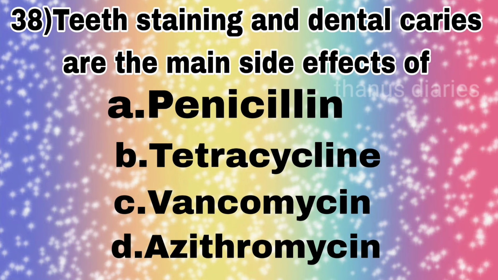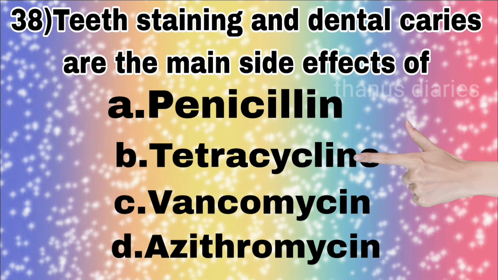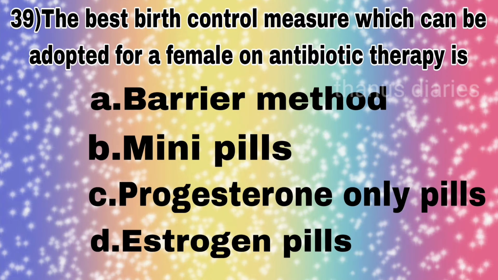Next question. Teeth staining and dental caries are the main side effects of penicillin, tetracycline, vancomycin, azithromycin. It's tetracycline. Next question. The best birth control measure which can be adopted for a female on antibiotic therapy, barrier method, mini pills, progesterone only pills, estrogen pills. It's barrier method.